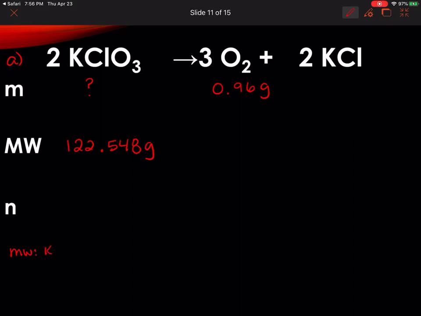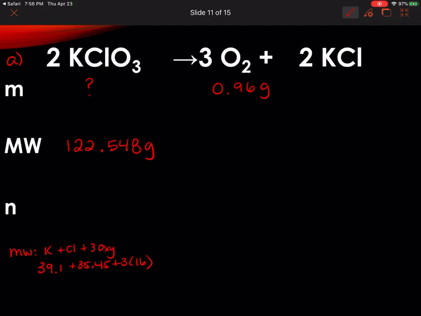You want to make sure that for the molecular weight you don't multiply the coefficients, okay? Because we're going to do that later.